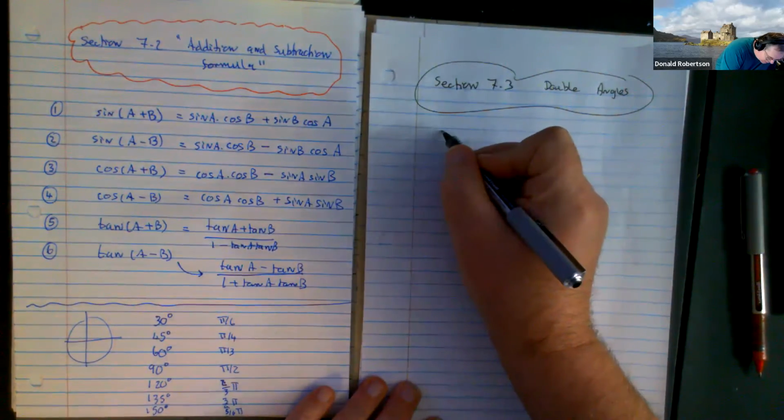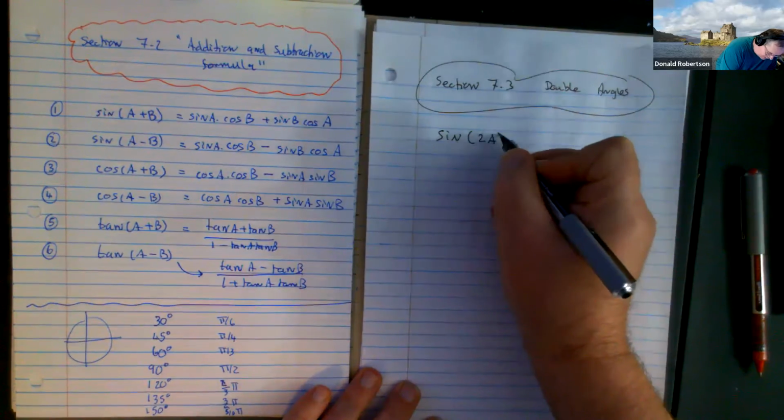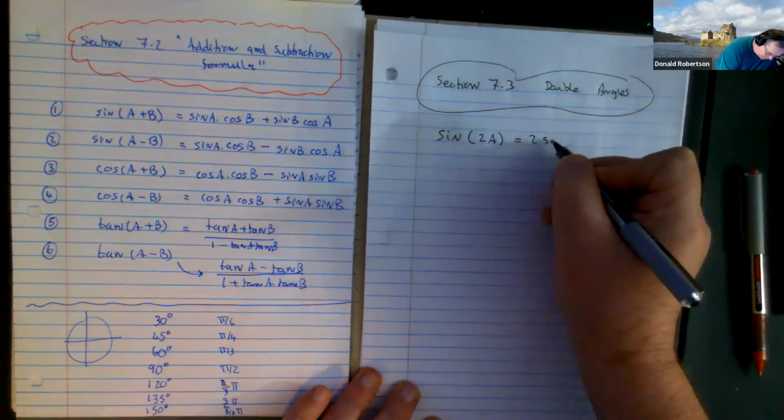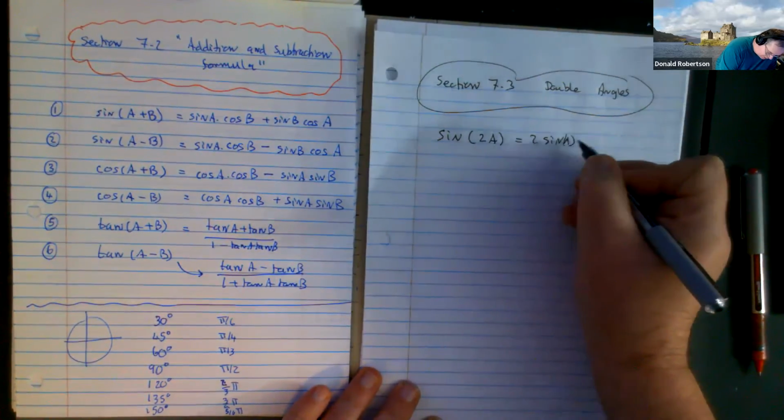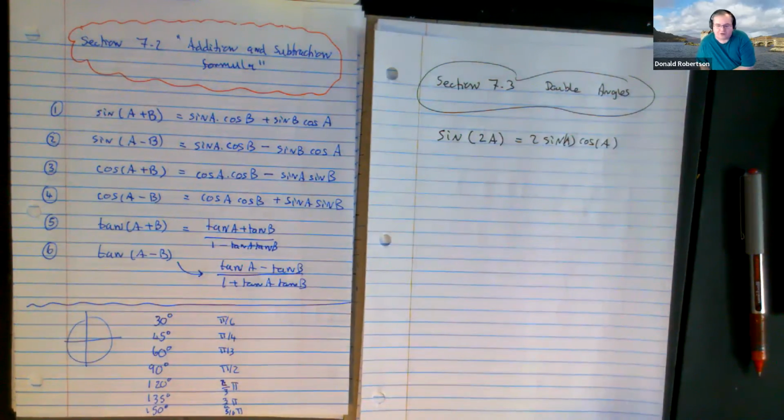Well, the sine of 2A is 2 sine A cosine A. So there's a formula for finding the sine of twice an angle. It's 2 times the sine of the single angle times the cosine of the single angle.